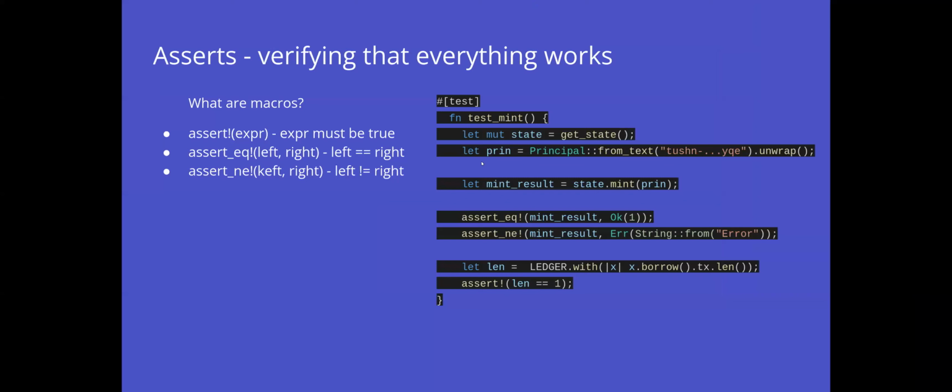Yeah, they're ended with an exclamation mark. And an exclamation mark means that the whole part is a macro, which works differently than a function. What a macro does is that, before the code is compiled, it substitutes the whole part with the actual code.